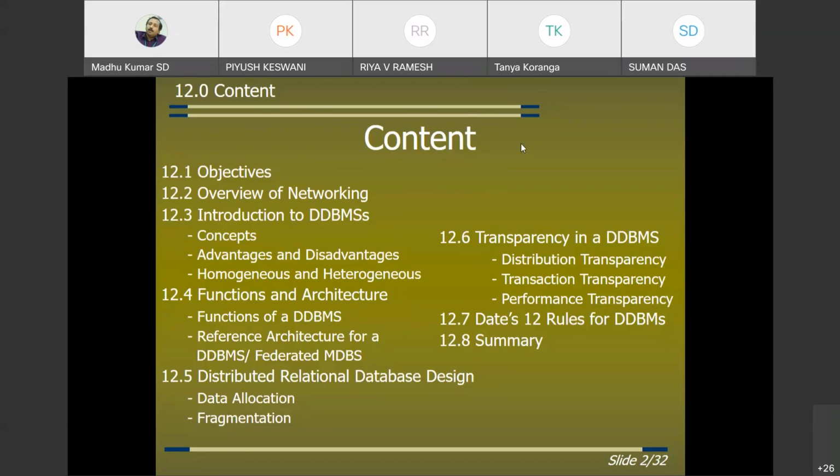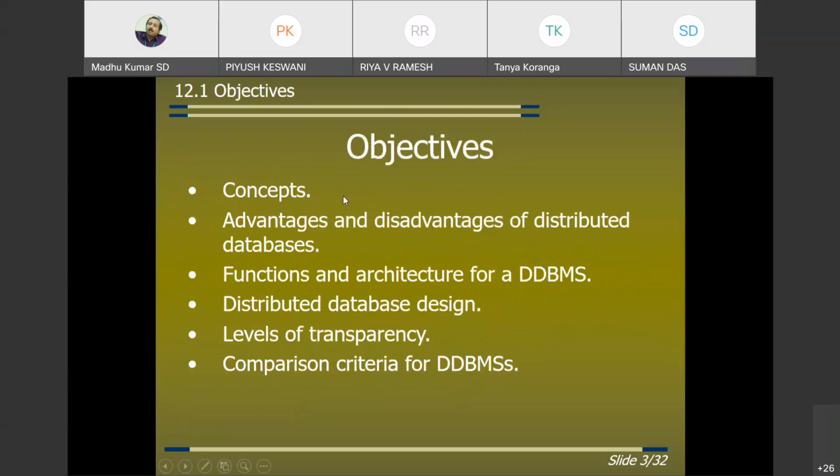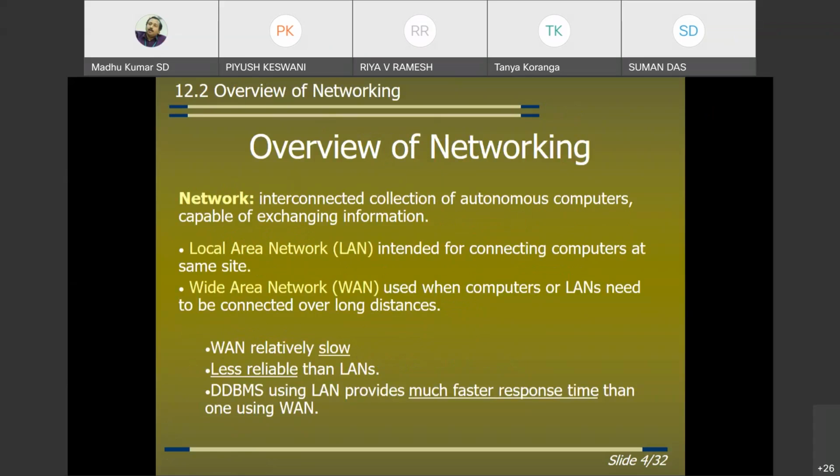We will see these things in detail: the advantages and disadvantages of distributed databases, functions and architecture of DDBMS, the distributed database management system, the design for distributed databases, the transparencies provided in DDBMS, and comparison criteria for DDBMS. How do we compare different distributed database management systems? So DDBMS means distributed database management systems.